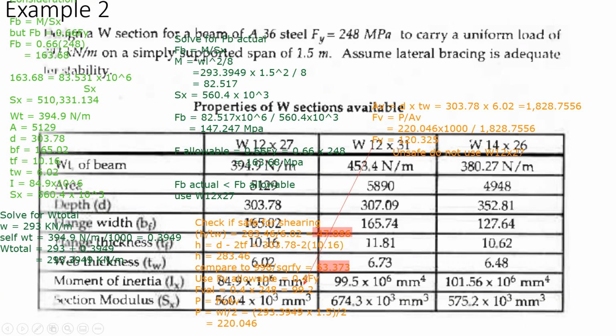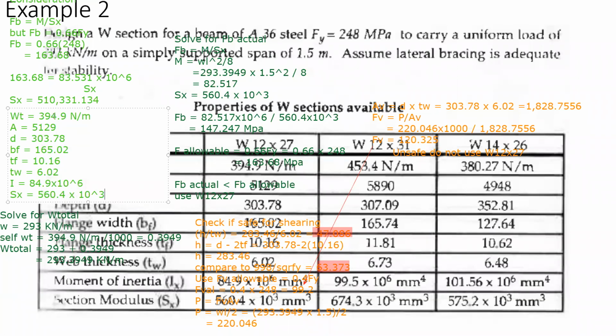W14 by 26. Ayan. So, palitan natin to. For W14 by 26, the weight would be 380.27. Area is 4948. Depth would be 352.81. BF, dito tayo nagko-compare. That would be 127.64.